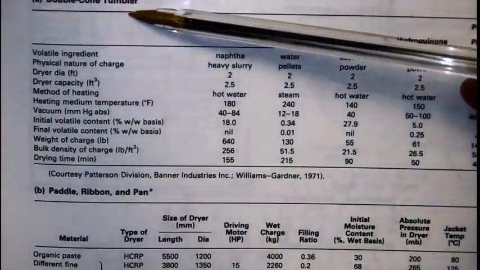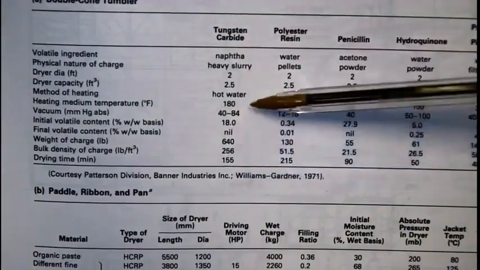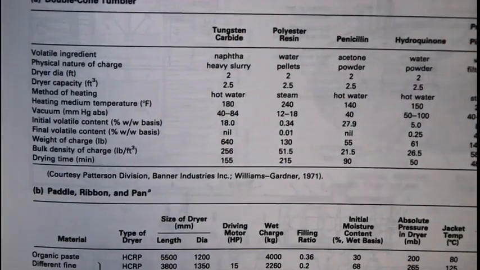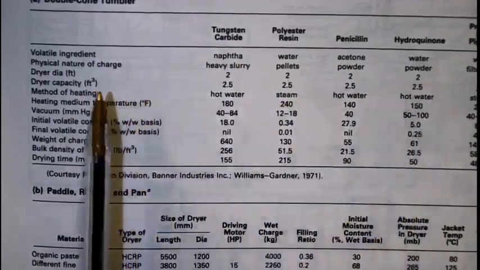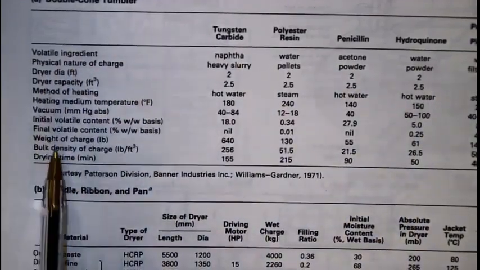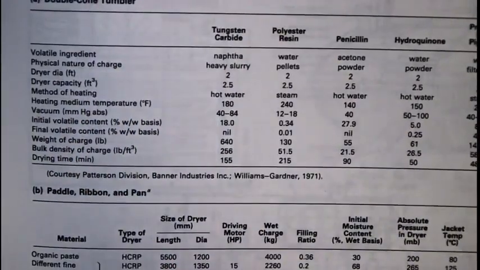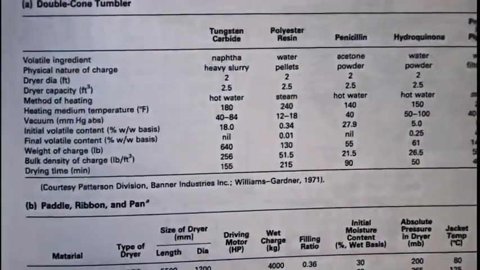This is a double cone dryer. And we can see what the performance is when we dry various things: penicillin, Prussian blue, tungsten carbide. So you can see that you try to match what product you have with what sort of variables are over here. And you can figure out what sort of performance you can expect or anticipate from an agitated batch dryer.